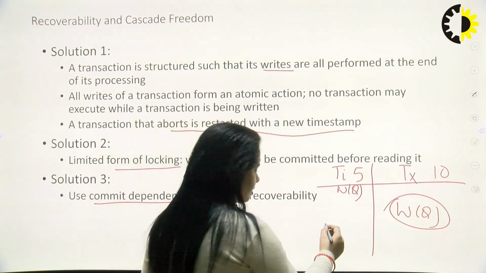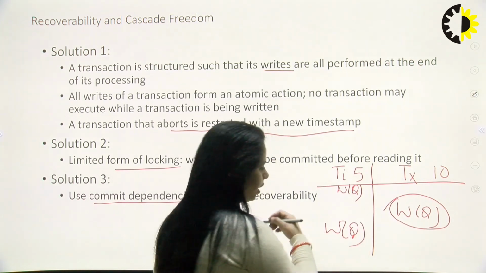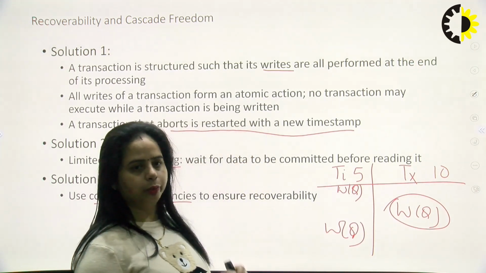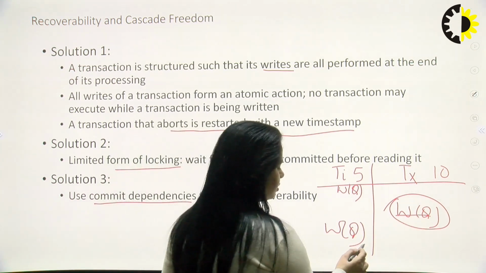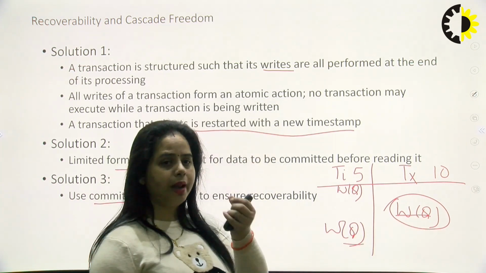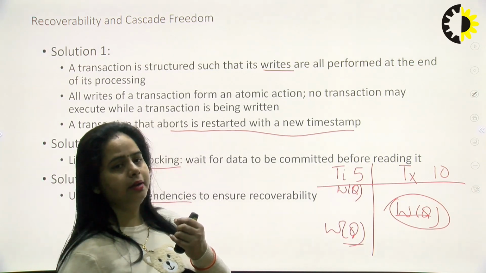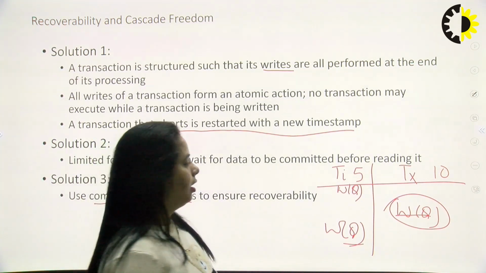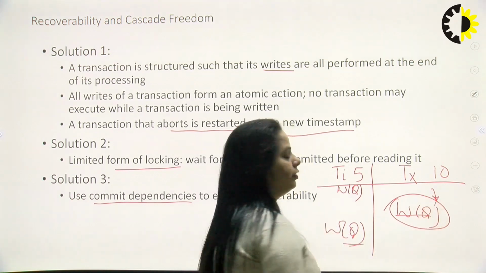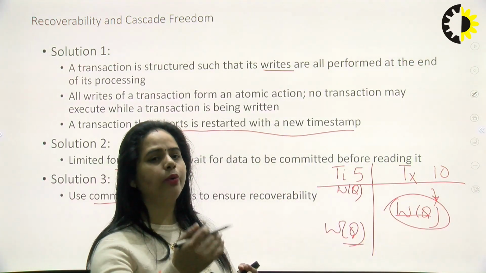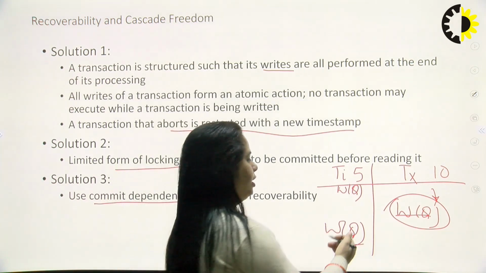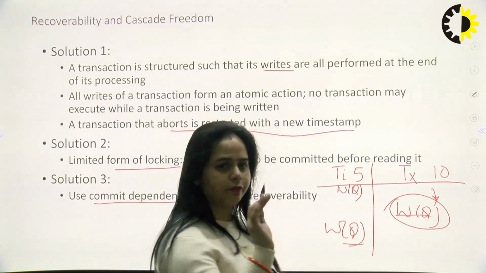Now transaction Ti wants to write on data item Q. This is an example of a blind write. What is the meaning of a blind write here? Writing a value without reading it is known as a blind write.